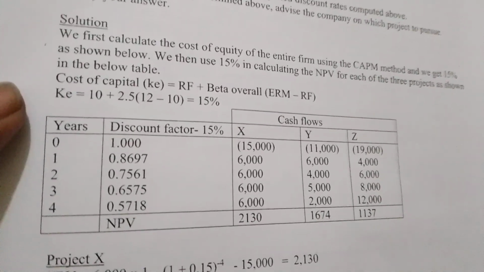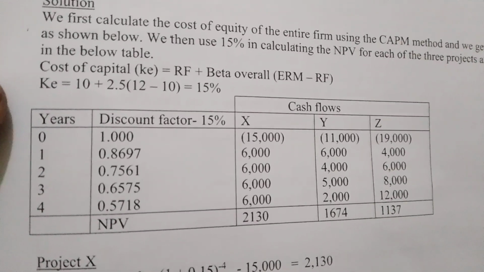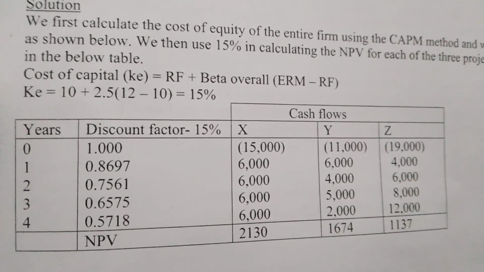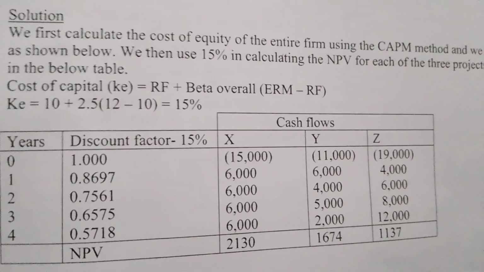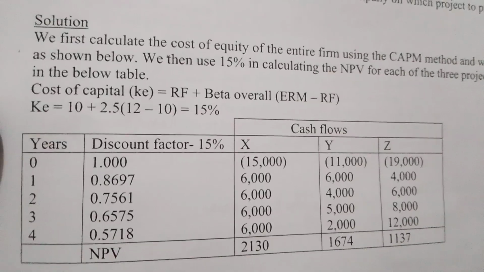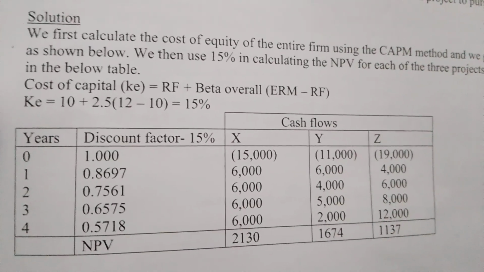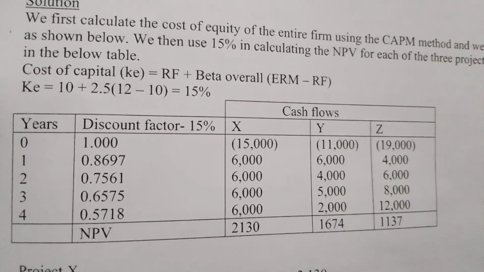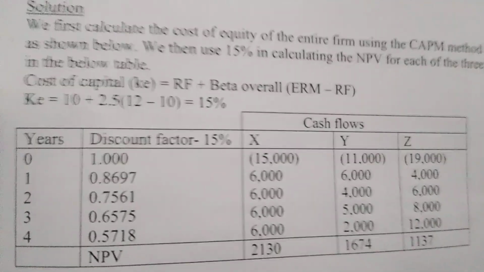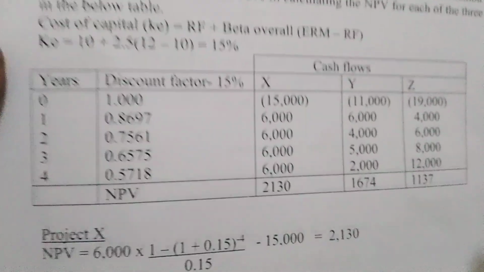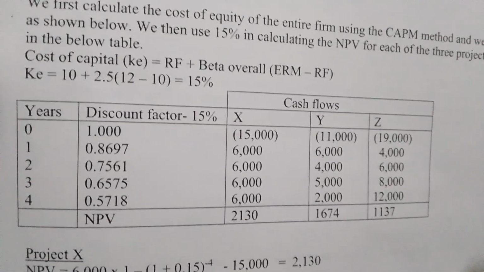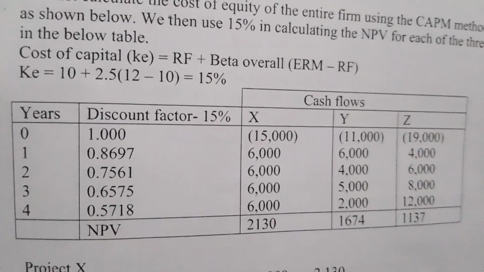Then because we have calculated our cost of equity, or our discount rate, at 15%, the next thing is to have present value interest factors using the 15% that we have calculated.